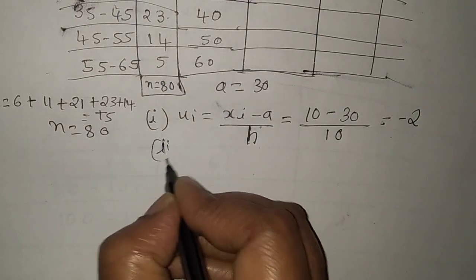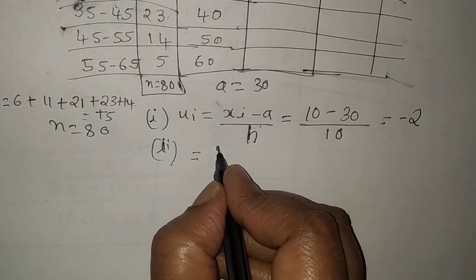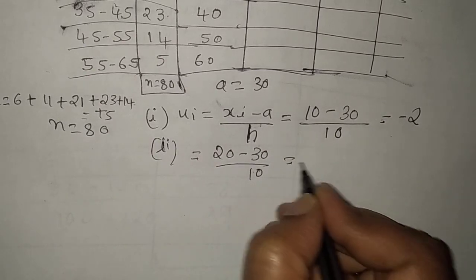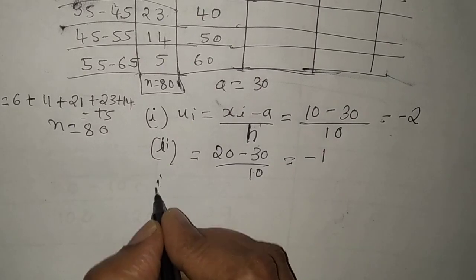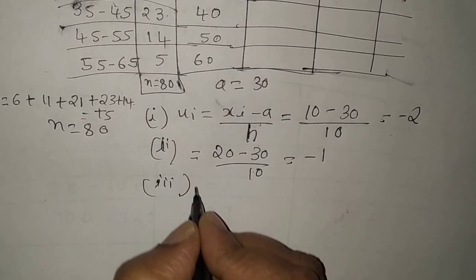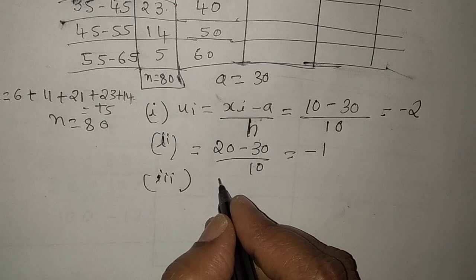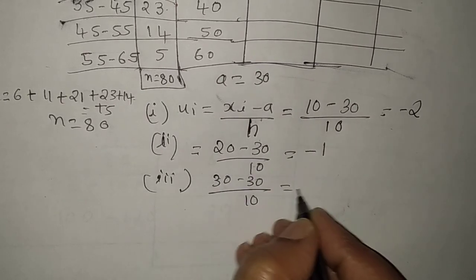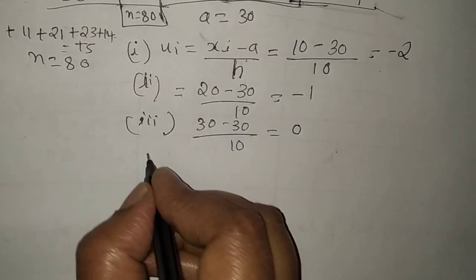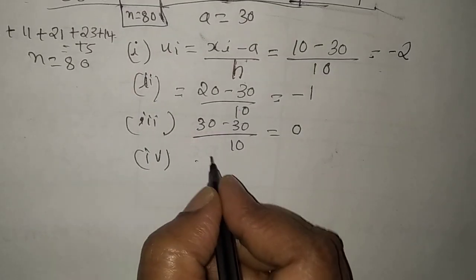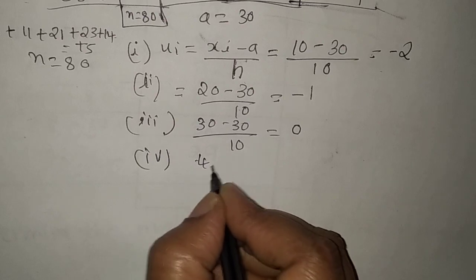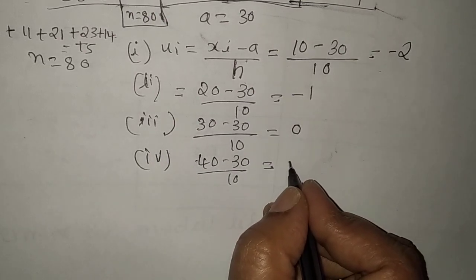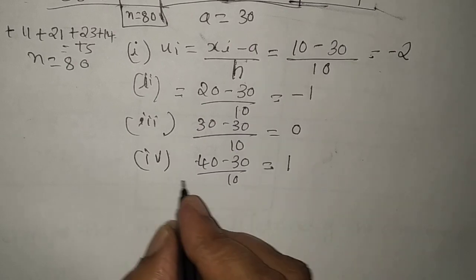Similarly, second set of values is 20 minus same thing 30 by 10, which is equal to -1. Third set of values, that is 30 minus 30 by 10, which is equal to 0. Then fourth set of values, 40 minus 30 by 10 is equal to 1.